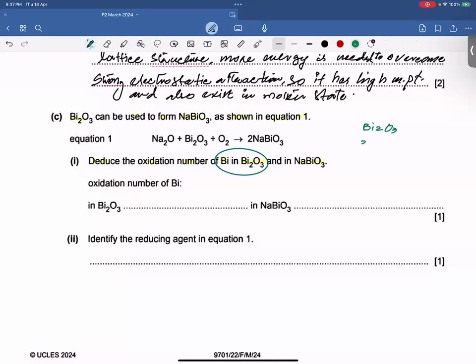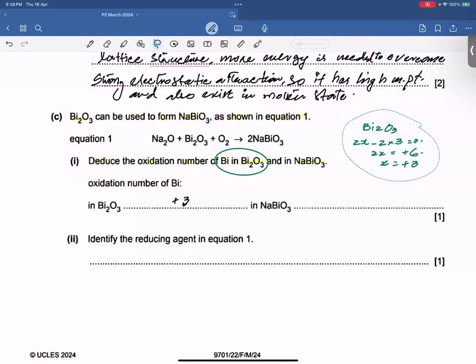Let's suppose bismuth is X. We have two bismuth in the formula, so we need 2X. The charge on the oxygen atom is -2. We have 3 oxygen atoms, so times 3. Since the molecule is neutral and has no charge, the total equals 0, then 2X equals +6, then X equals +3. So the oxidation state of bismuth in Bi2O3 is +3.